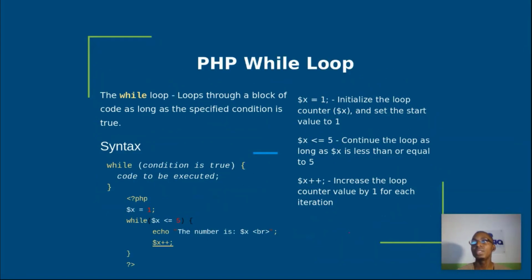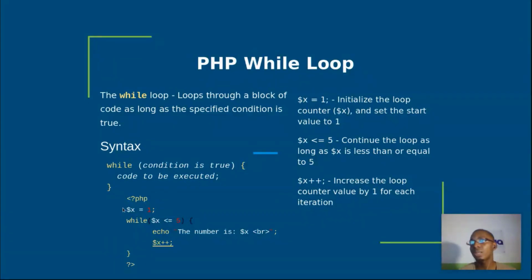So you have the while loop, like I said. While loops loop through a block of code as long as a specified condition is true, right? So you have a syntax like this. You pass in the while statement, then the condition that you want. If the condition passed in these brackets is true, then this code will be executed, and if it is not true, then it will not be executed.